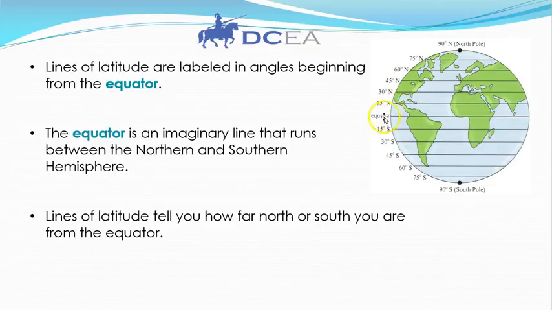The equator will be 0, and then going north you'll have 15 degrees, 30 degrees, 45 degrees. When they call out latitude, they call it out as 15 degrees north. If you're going in the other direction, you'll have 15 degrees south, and so forth until you get to 90 degrees south, which is the South Pole.